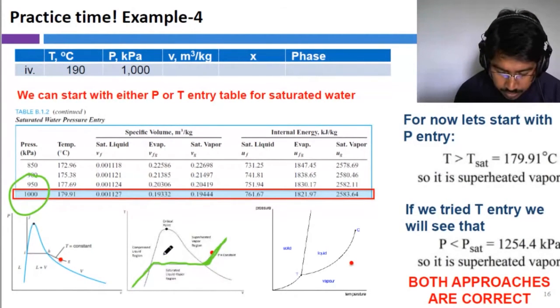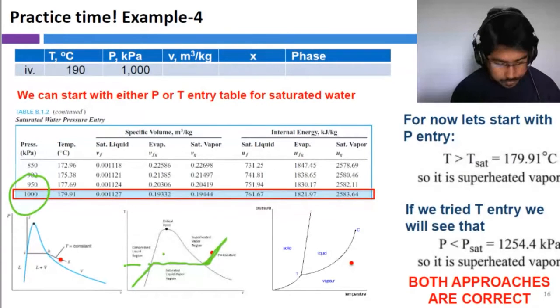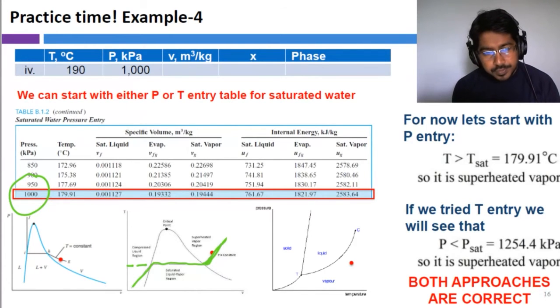And now, do we know the temperature here? The temperature reading, this one? Anybody? Do we know the temperature at this point, at this level? Not 190, no. 179.91. Excellent.